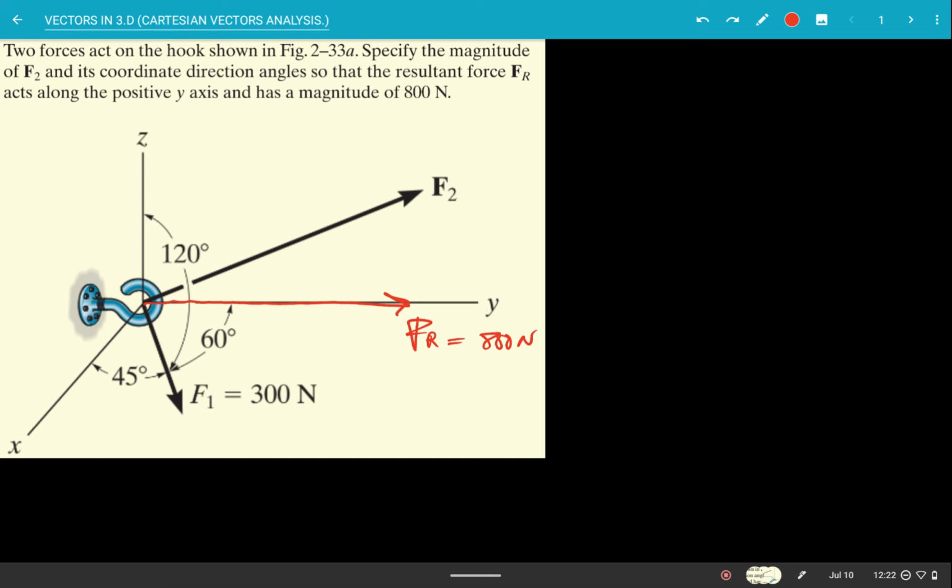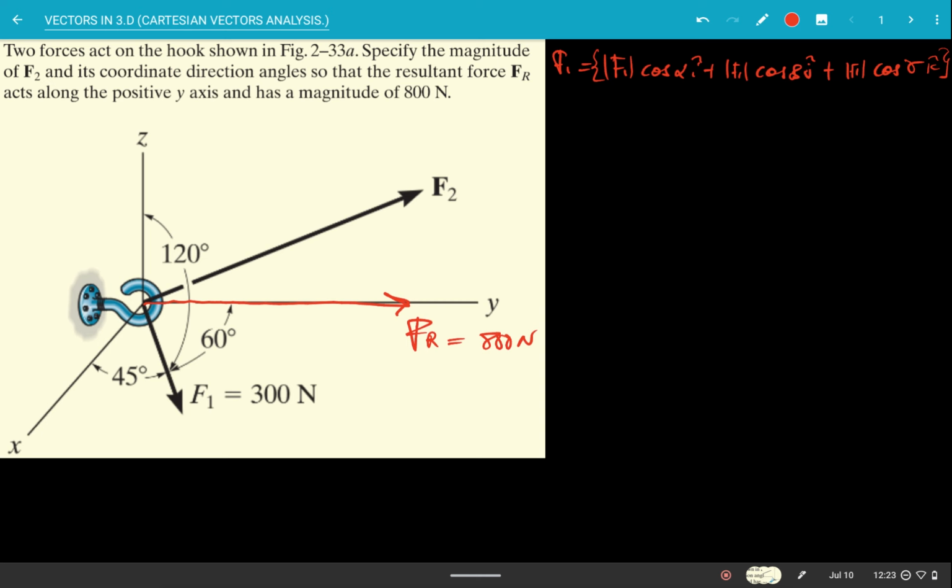So force 1 will be equal to the magnitude F1 cos alpha in the I, plus the magnitude of F1 cos beta in the J, plus the magnitude of F1 cos gamma in the K. This will be the Cartesian vector of F1.